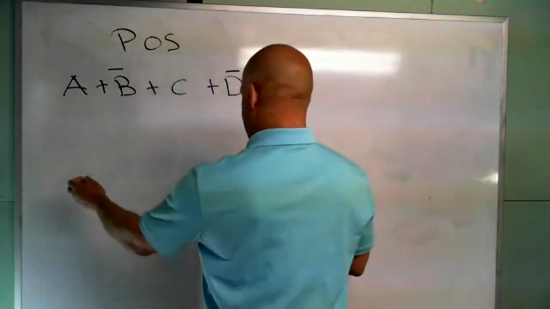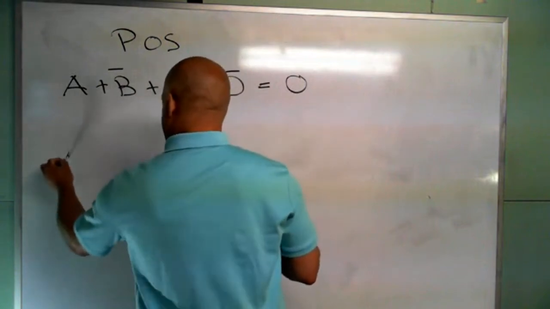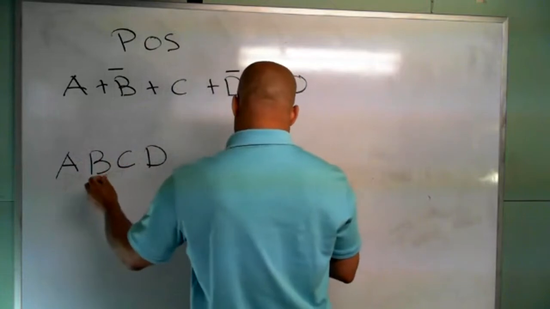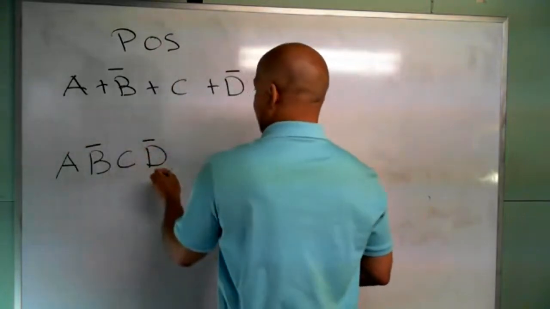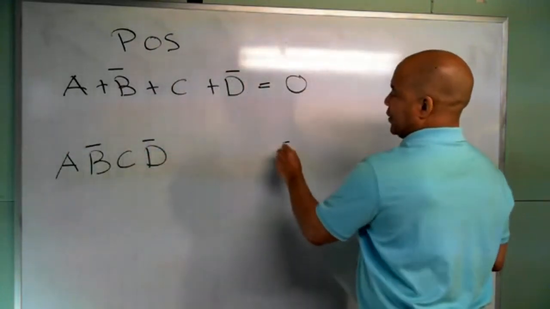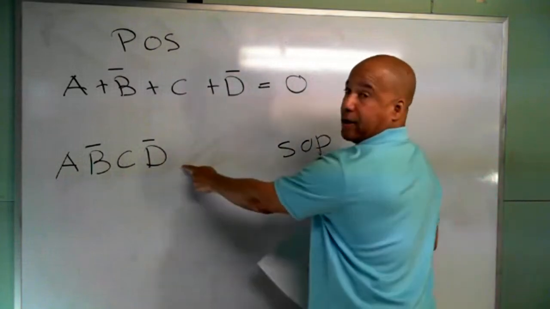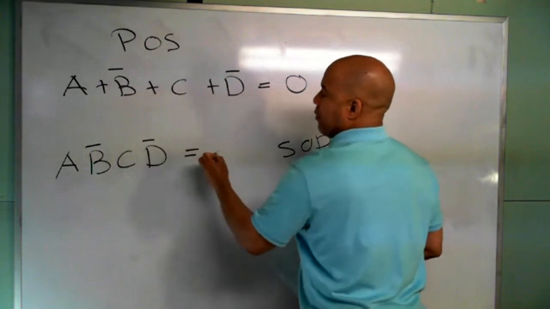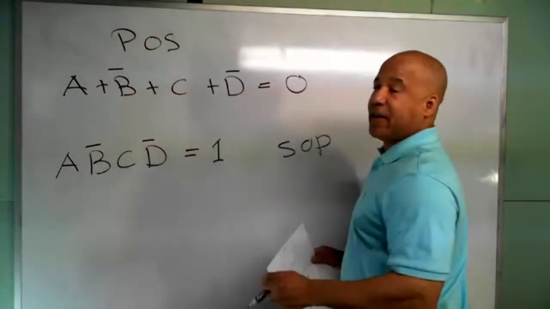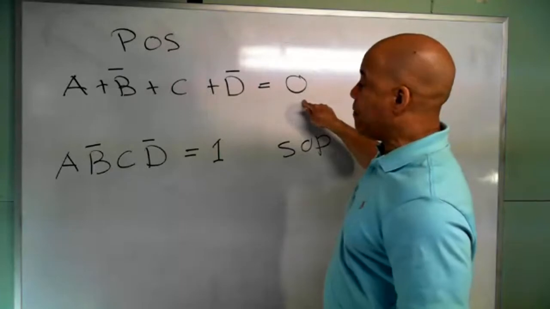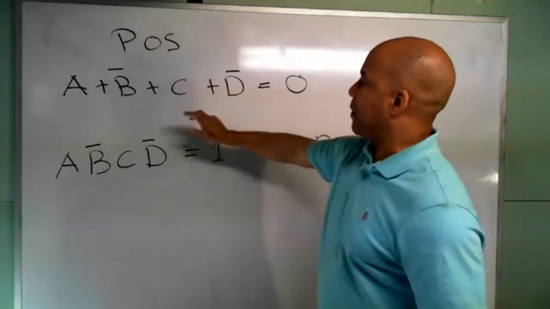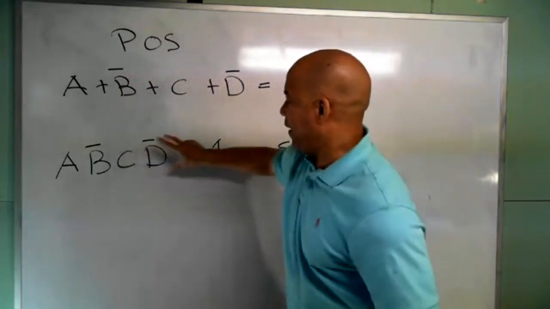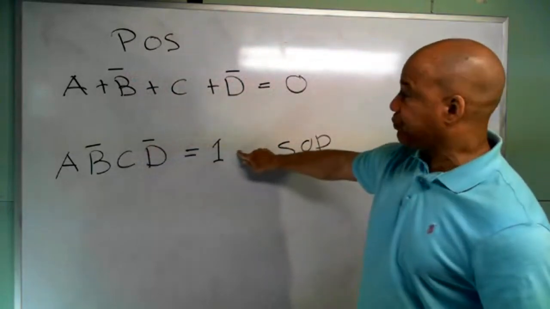If you look at problem number 2, they give you A, B, C, D, and the B and the D are notted. So this is a sum of products. Here I just have one product. But the point is, given this, it always evaluates to a 1. So by definition, POSs evaluate to a 0, SOPs evaluate to a 1. So anytime I'm ANDing things together, it's going to evaluate to a 0. If I add these terms together, they're going to evaluate to a 1.